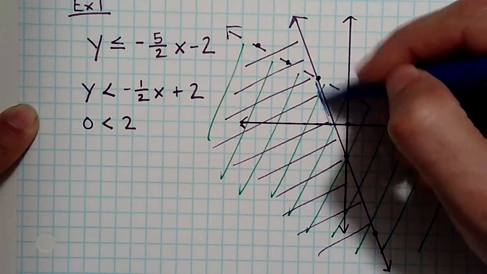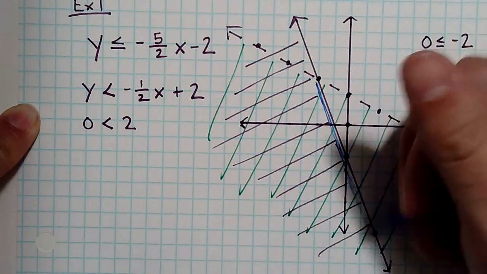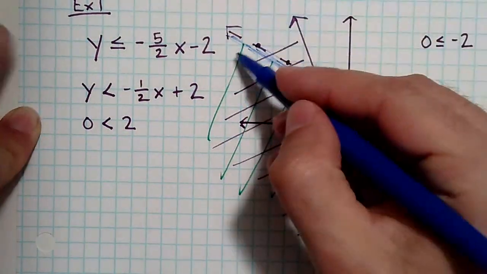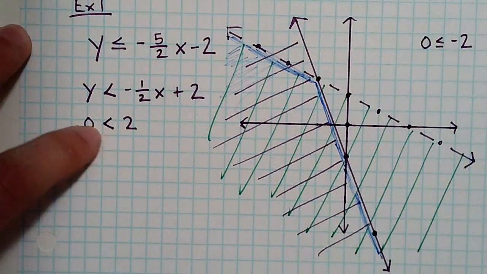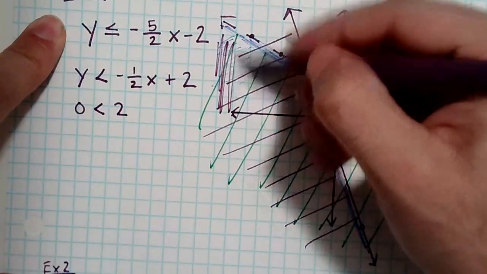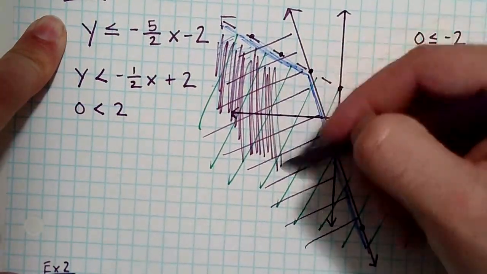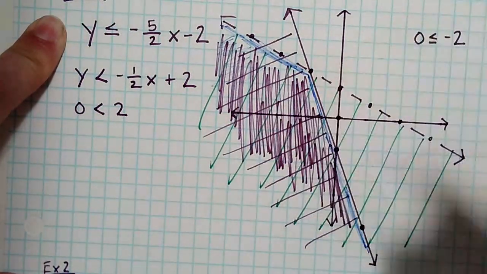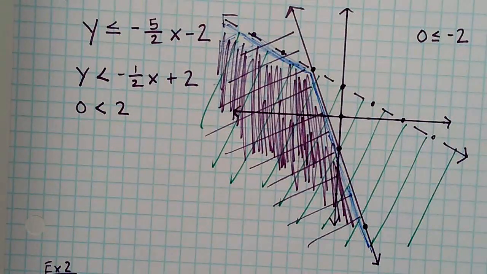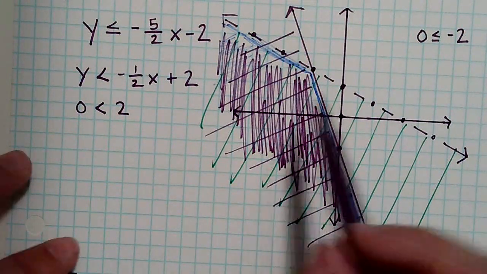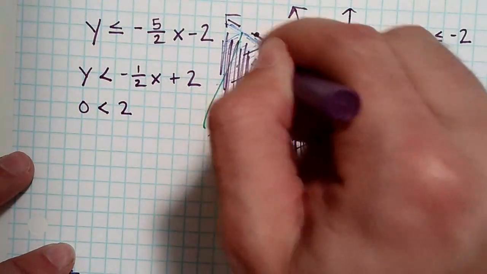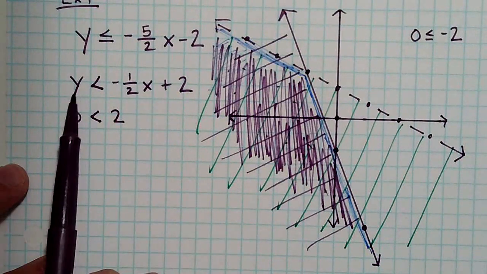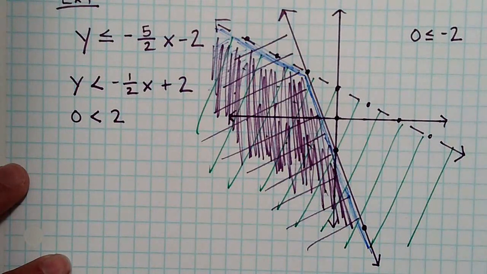I'm going to trace that outline and double shade it, making it nice and dark. That is my answer to the system. Any point inside this double shaded region will satisfy both inequalities.